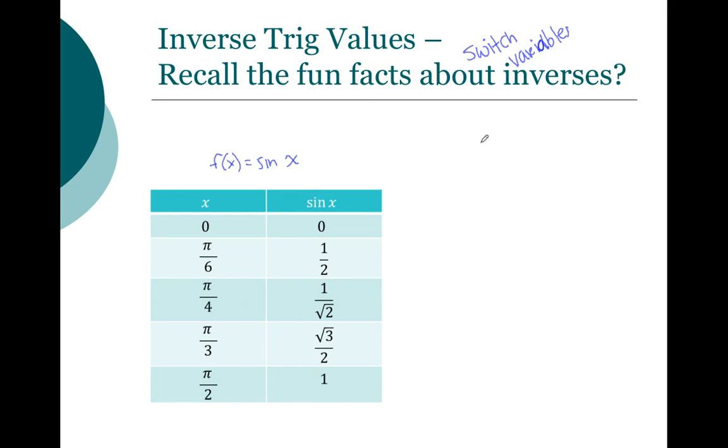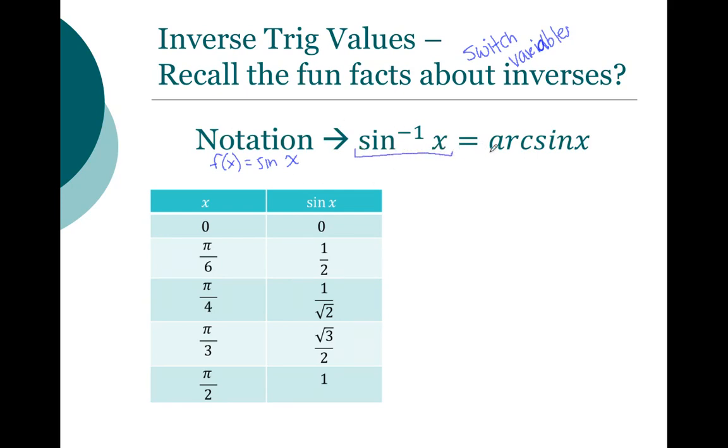So if we want to graph the sine inverse of x, which is also sometimes notated as the arc sine of x, you've got to be careful with this notation. If you recall, back in March we were dealing with exponential and logarithmic functions. If I said 2 to the negative first, that's the same thing as 1 over 2.